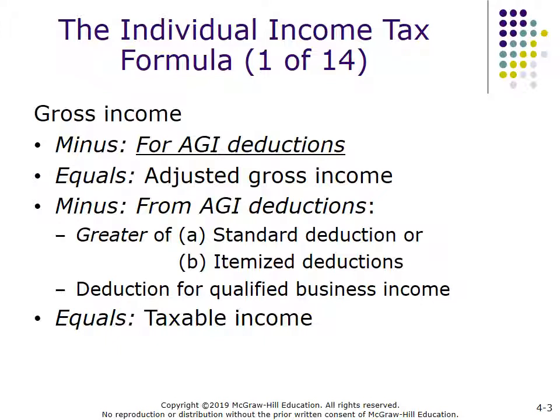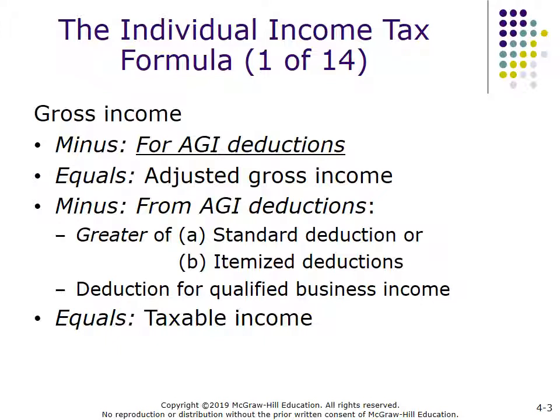Once we subtract those deductions, we get to adjusted gross income. On the second page of the 1040, we then deduct the greater of the standard deduction, which we're going to show you how to determine, or itemized deductions, which we're going to talk about. So we calculate two separate amounts, compare them, and the greater one is what we deduct.